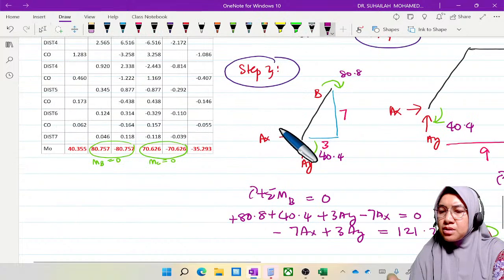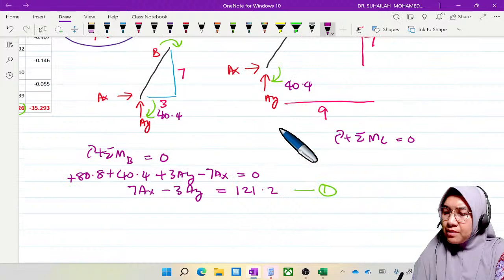It is positive actually. So what we get is this one positive, this one negative.